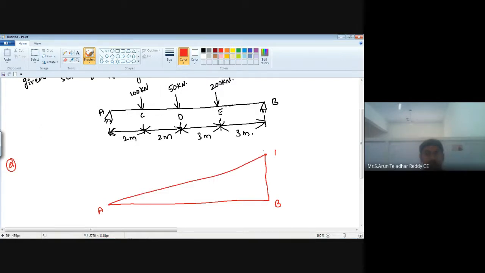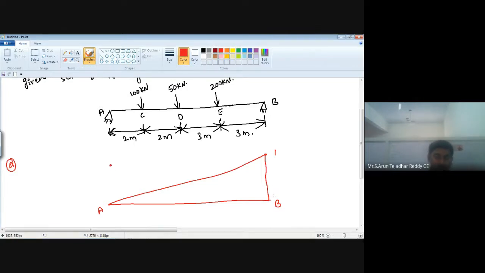So this is our influence line diagram for RB. Suppose if we ask to calculate reaction at A, then our maximum intensity is here. Then B point is 0.